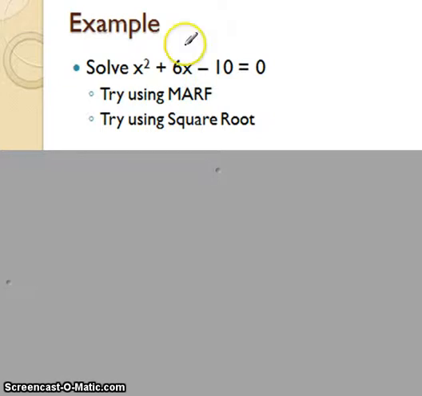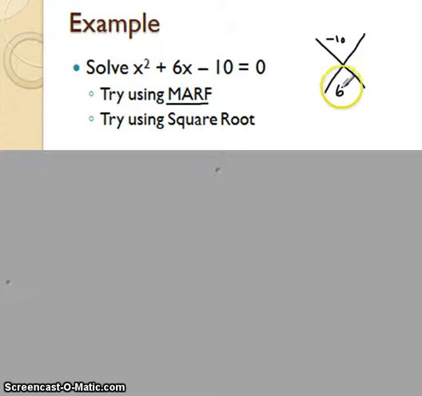Here's a quadratic equation. If we try to solve by factoring, we're going to try to look for factors of negative 10 that add to 6. Let's see, factors of negative 10 are negative 5 and 2, negative 2 and 5, negative 10 and 1, and negative 1 and 10.